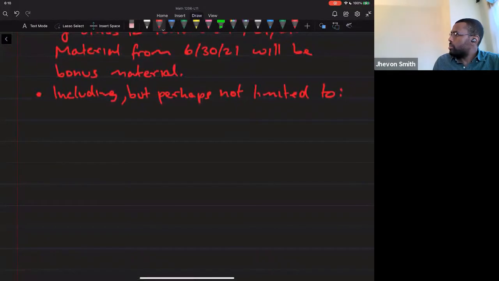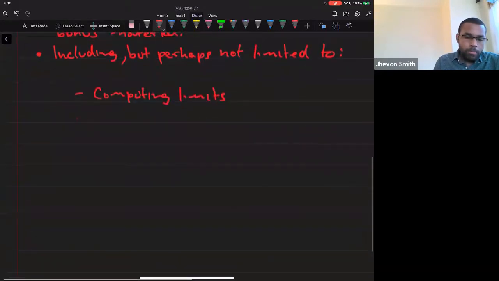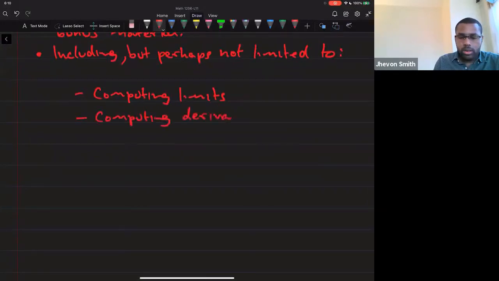So I'm just going to say some things off the top of my head that I think I included and I think are important. So one, computing limits, computing derivatives, including implicitly.